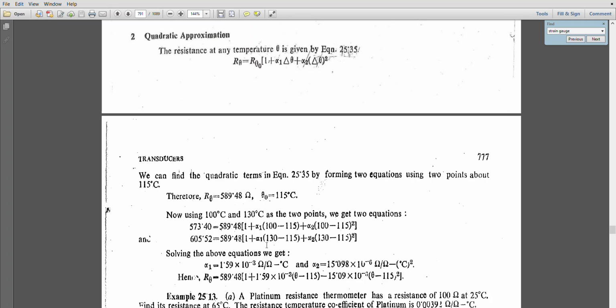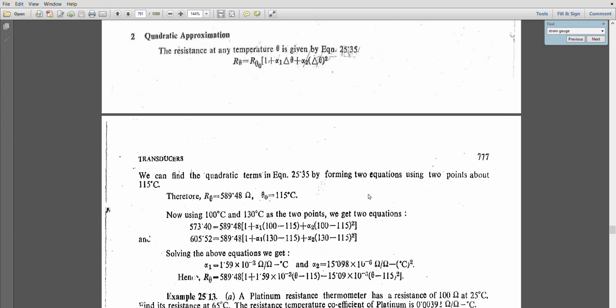You can do the same approximation, but the only difference I am able to find is that quadratic equations will take two points. So we can find the quadratic equation by forming two equations from 2 points, that is R theta 0 and the corresponding temperature. Now using 100 and 130 as the 2 points, we get two equations.